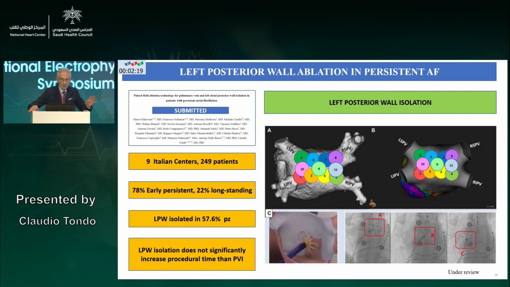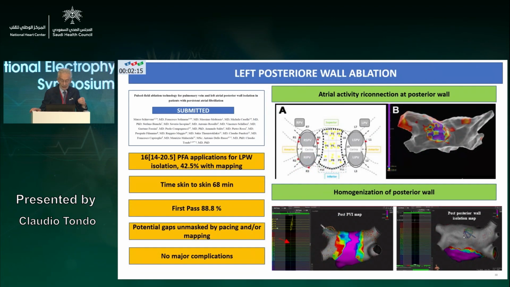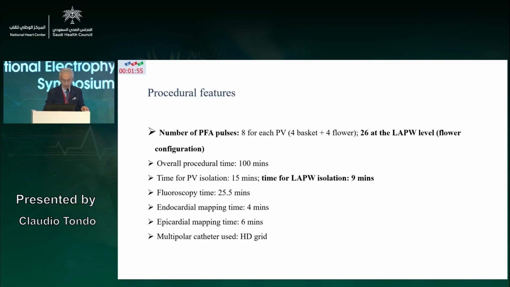This is completely different from the box lesion. We need to understand this if we want to reach a result like this one at the right end of the slide, a completed posterior wall isolation, which is comparable to what the surgeon can reach with a hybrid approach.